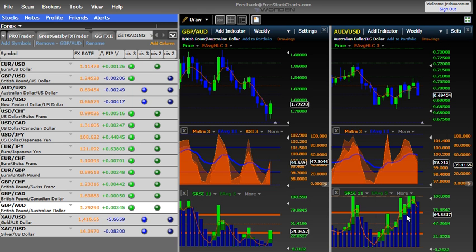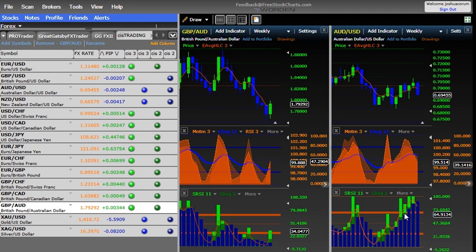On the Australian dollar US dollar, we're showing a weekly sell signal, and a weekly buy signal on the British pound Australian dollar trade. So we're just looking at the basic customized indicator toolkit for FreeStockCharts.com.